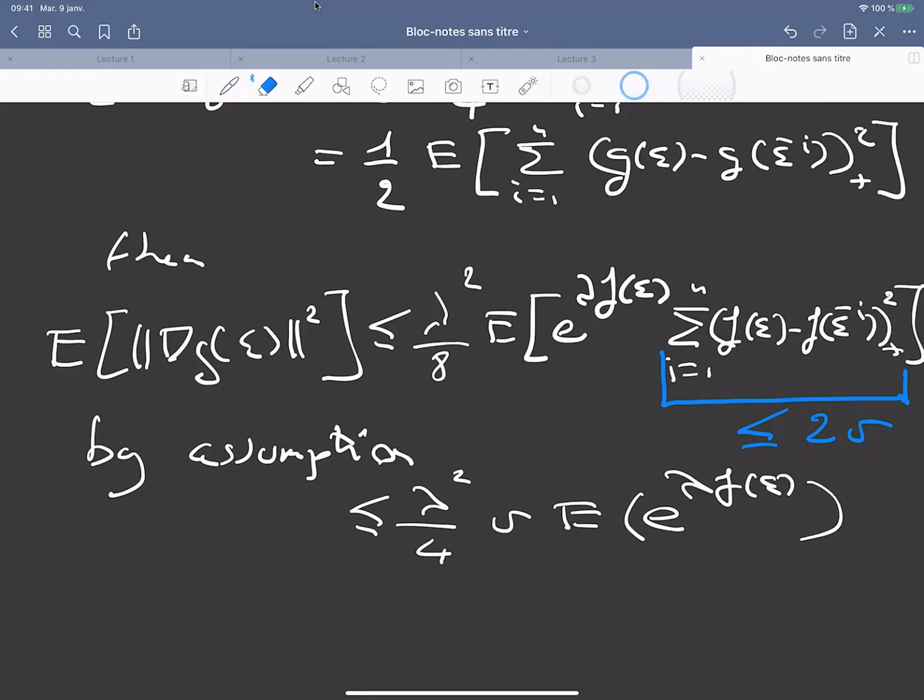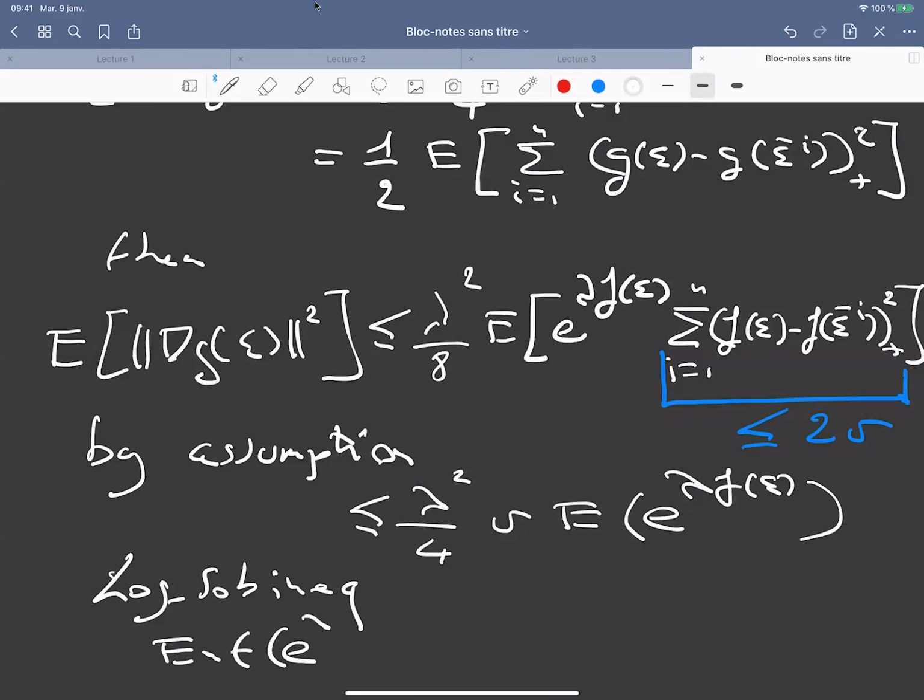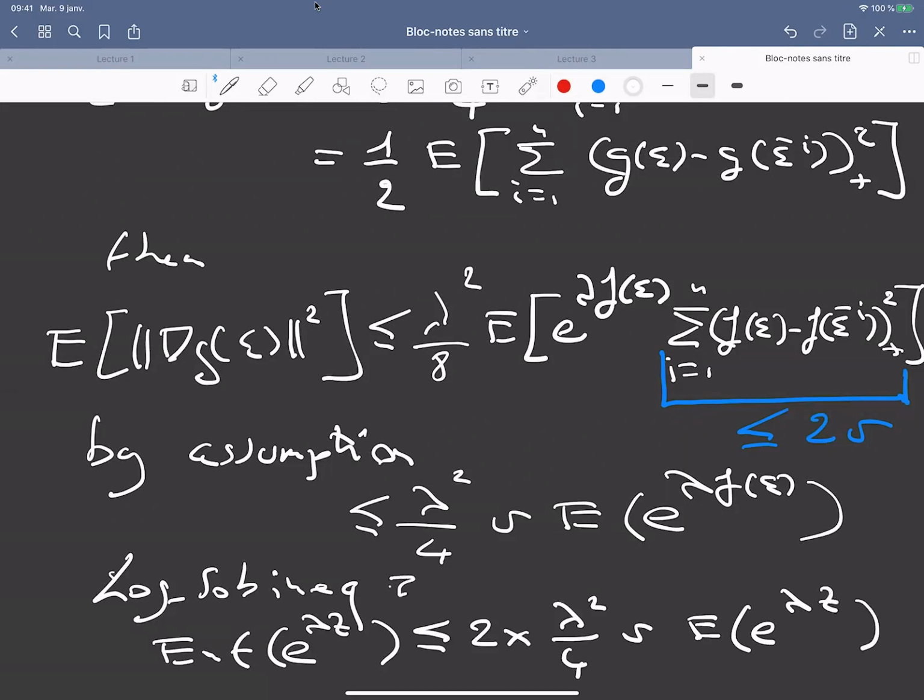And now the log-Sobolev inequality tells you that the entropy of exponential of lambda z is less than 2 times this quantity here. That is 2 times lambda square over 4 v exponential of lambda z, if z is f of epsilon.